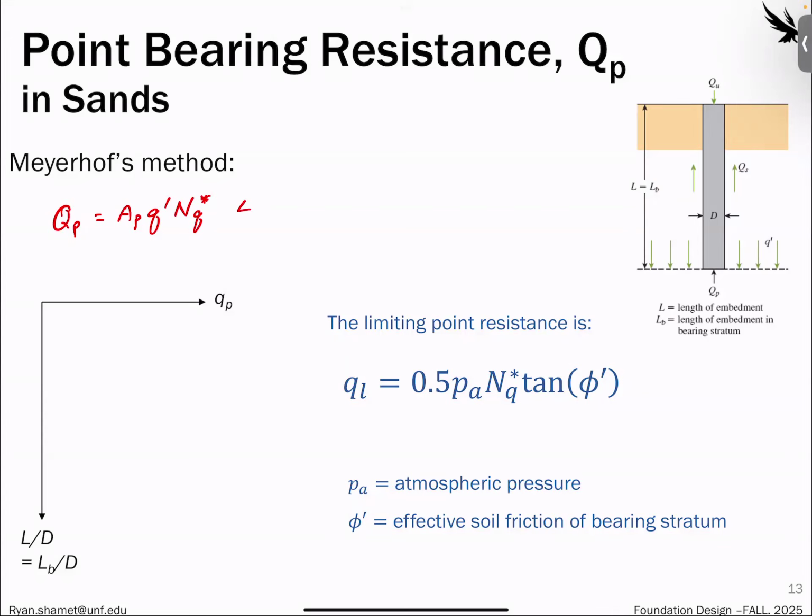But what we also do is check and see which one is smallest, either this AP versus the limiting point resistance. And this limiting point resistance follows this equation here. Again, this is cohesionless, so cohesion is equal to 0. That's why that term is out. But what this whole thing is telling us is we would pick the smallest for the design.